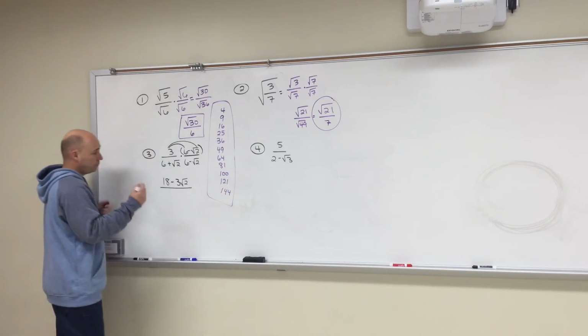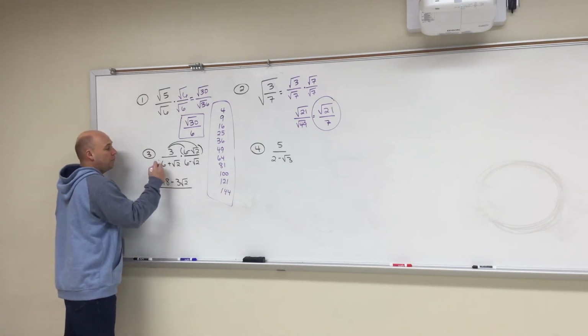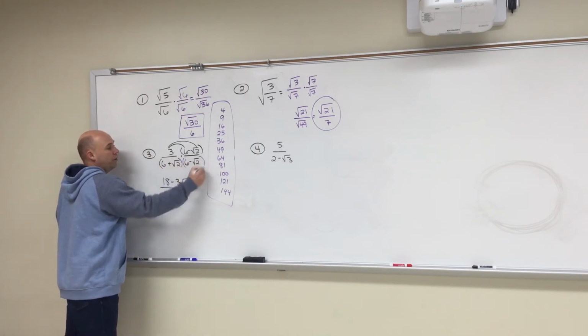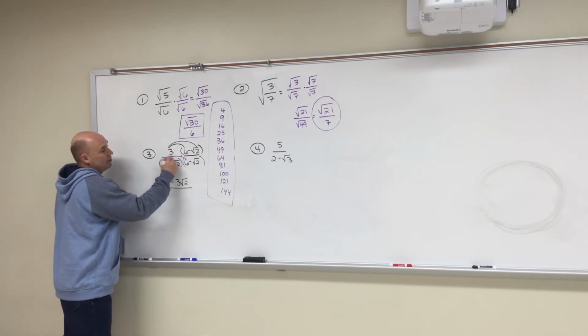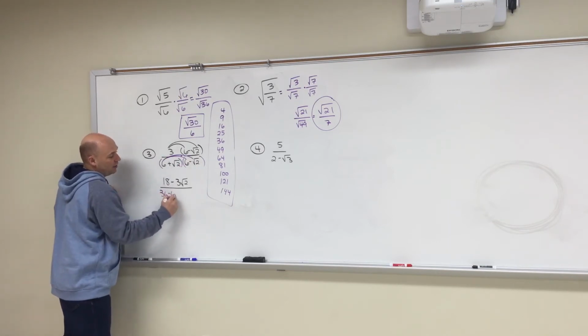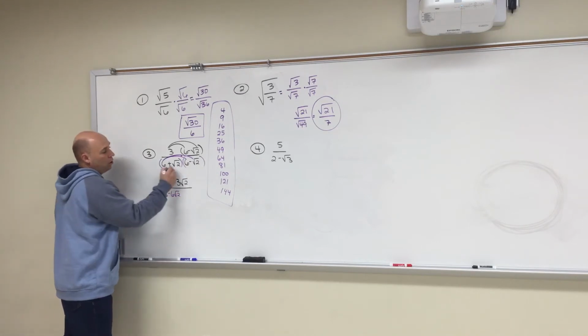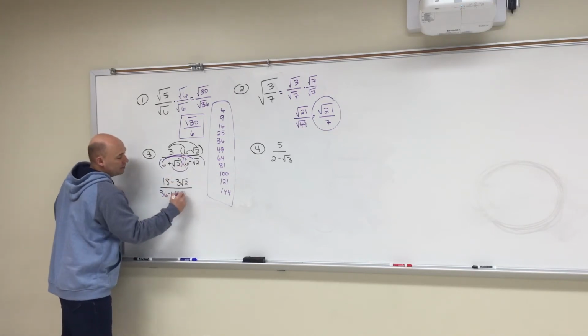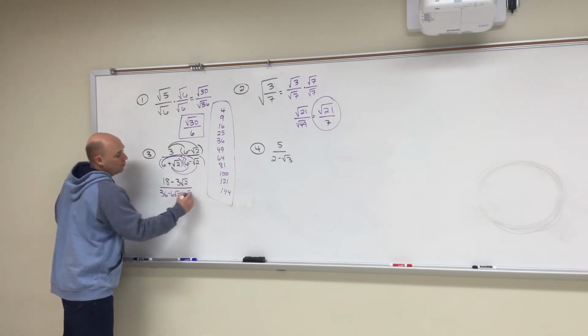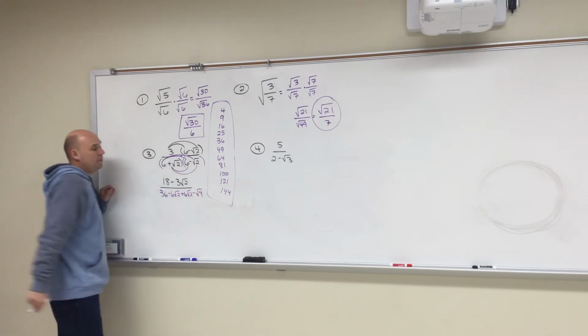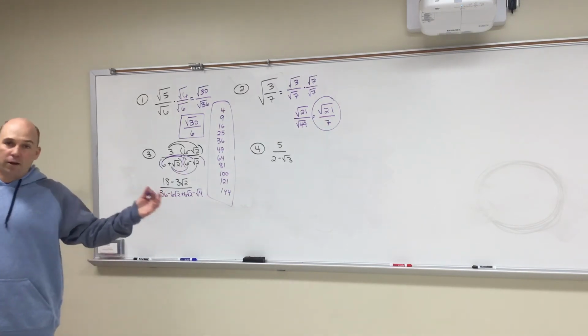The bottom I'm going to multiply. I'm going to FOIL this. Everybody's favorite four-letter F word, right? So 6 times 6 is 36. 6 times negative radical 2 is negative 6 radical 2. Radical 2 times 6 is positive 6 radical 2. Radical 2 times negative radical 2 is negative radical 4. Now you might be saying, well, you just created more radicals than what we had.